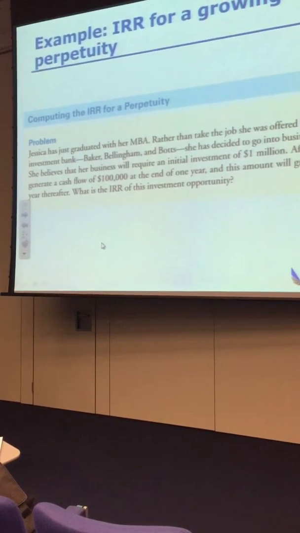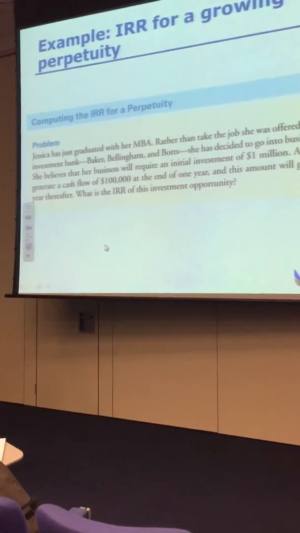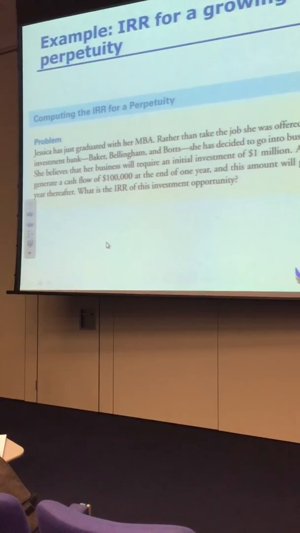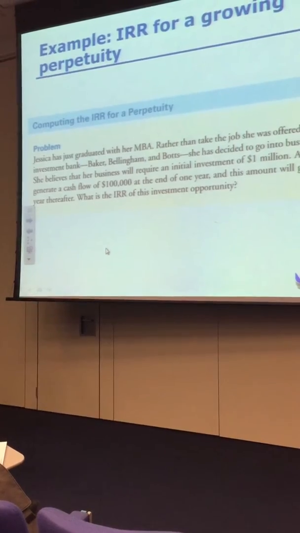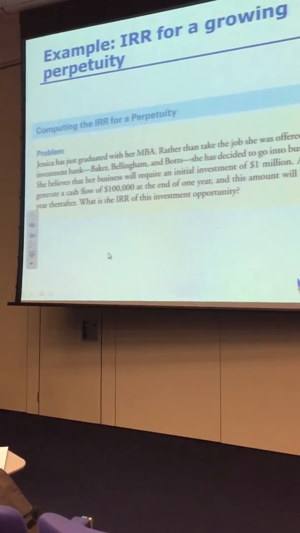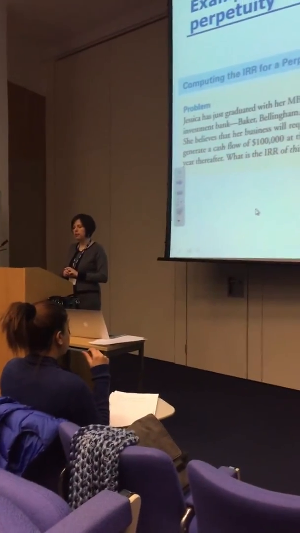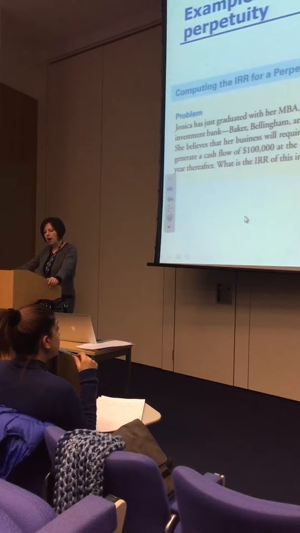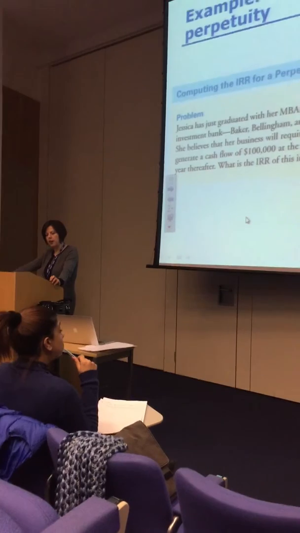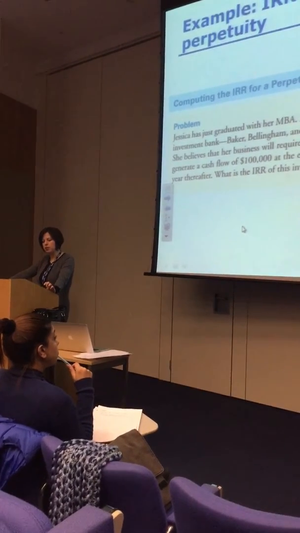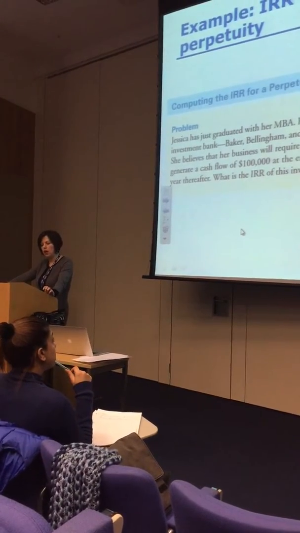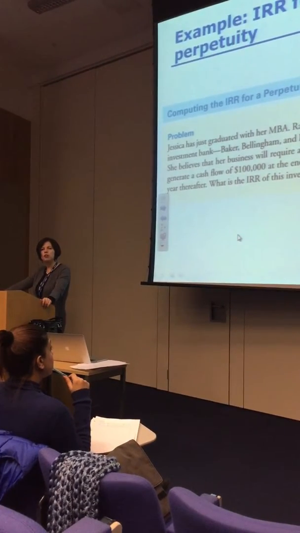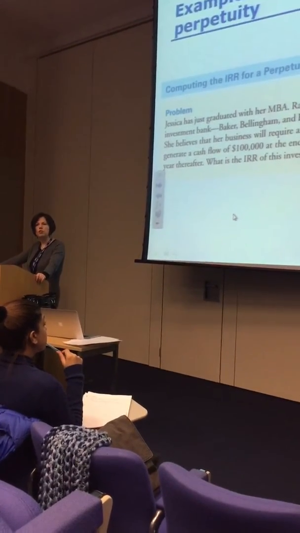So we have here an entrepreneur who finished her MBA and she wants to invest in her business and requires 1 million. After that, she will generate some cash flow which will grow at 4% per year. What's the internal rate of this opportunity?